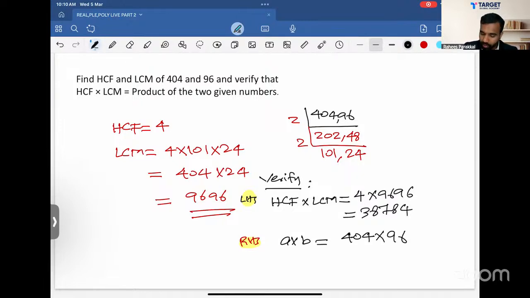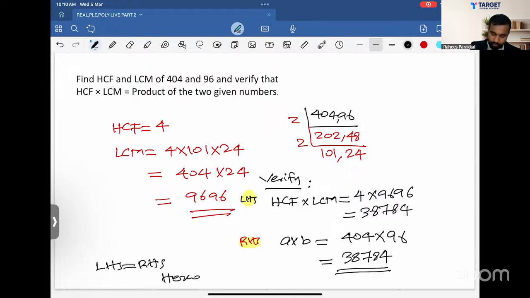When you multiply, you get the same answer, 38,784. So that means LHS equals RHS. Hence, verified. If you check the previous question papers, you can see this question repeated many times: find HCF and LCM, and then verify that the product of the two given numbers equals HCF into LCM.